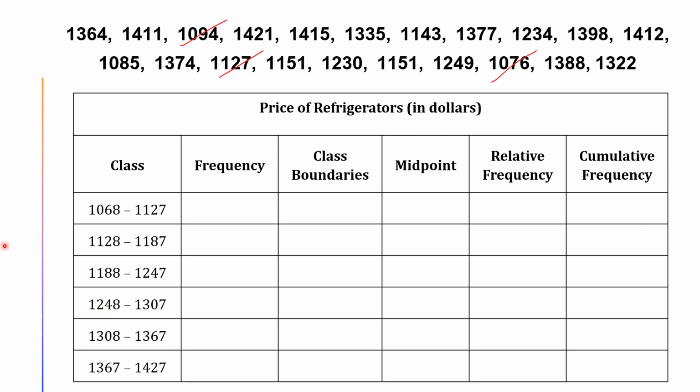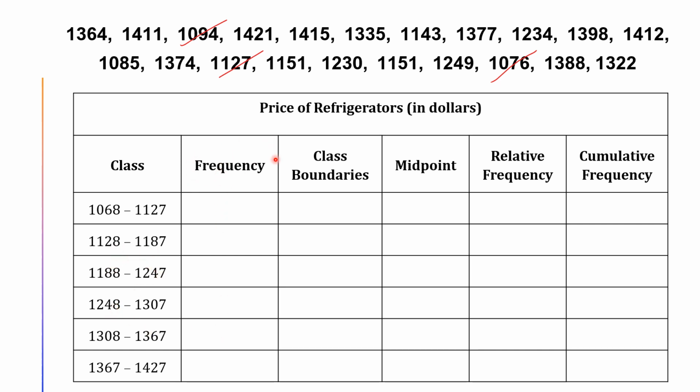That might be something you are expected to do in Stats 2, but for now I will give you the range or the interval for the data values. So our first class is going to be refrigerators that cost between $1,068 and $1,127. The next class is going to be $1,128 to $1,187, $1,188 to $1,247, and so on.